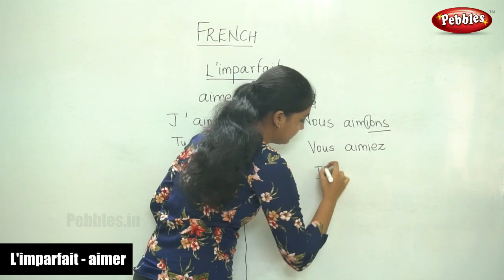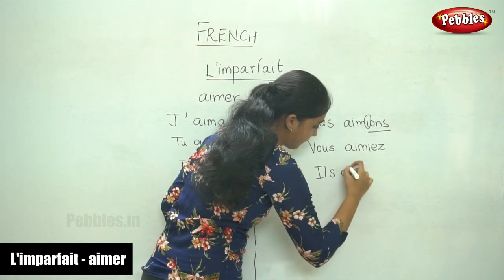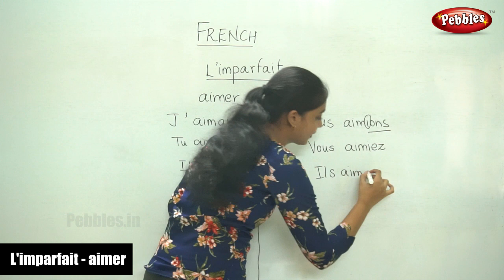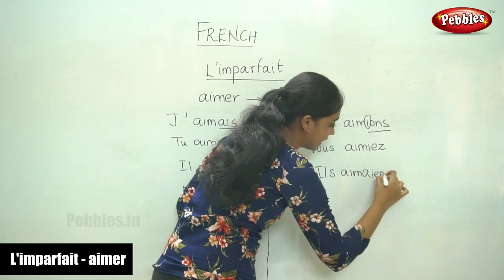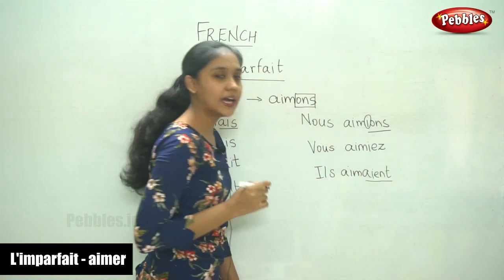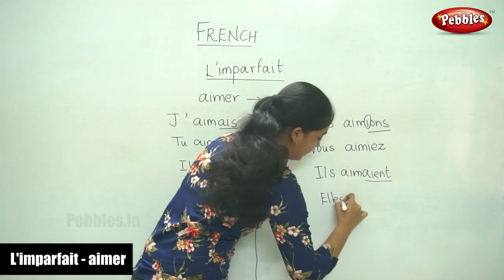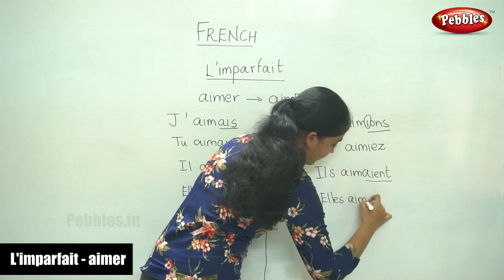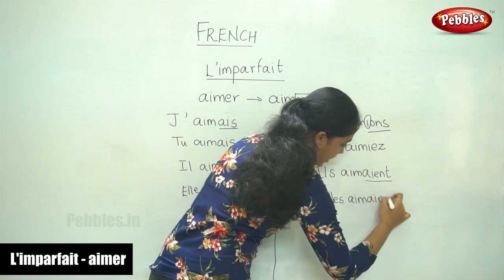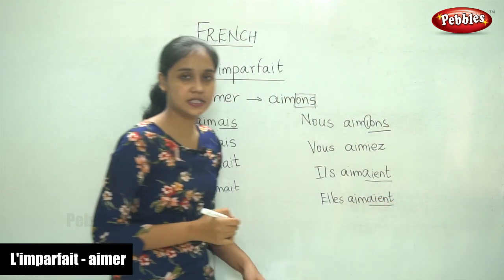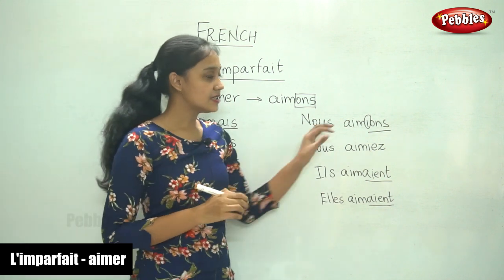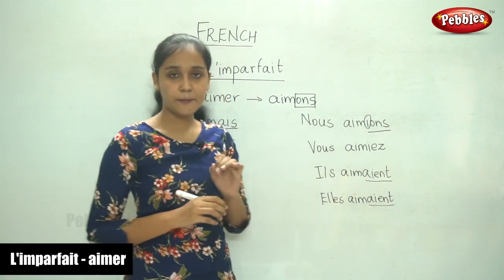And for ils, the ending is aient. Similarly, for elles, it is aient. So these are the endings for imparfait.